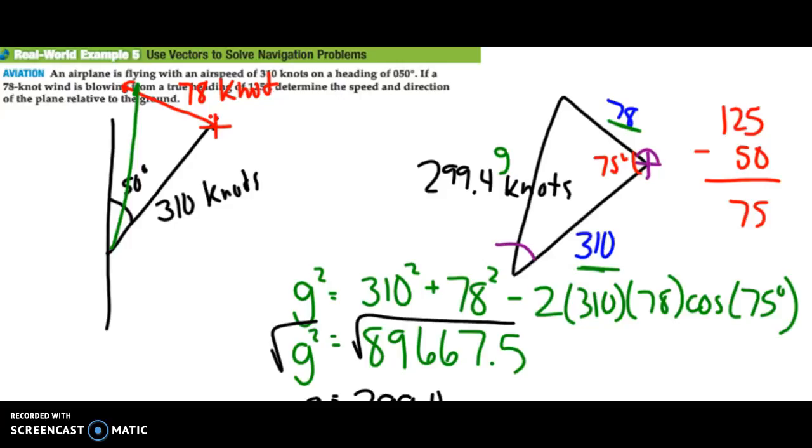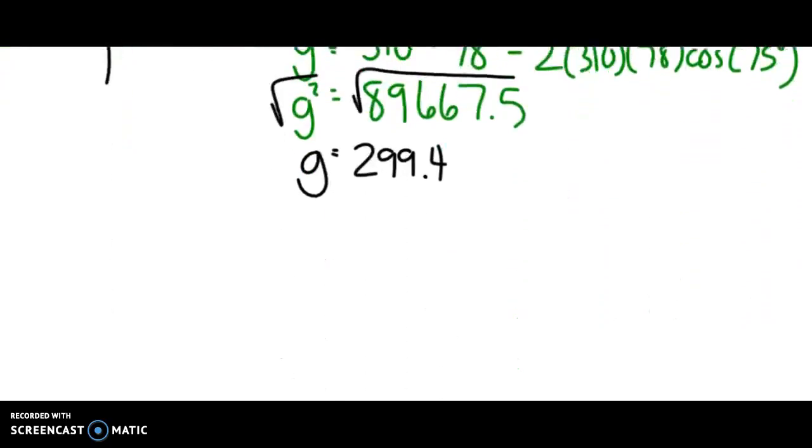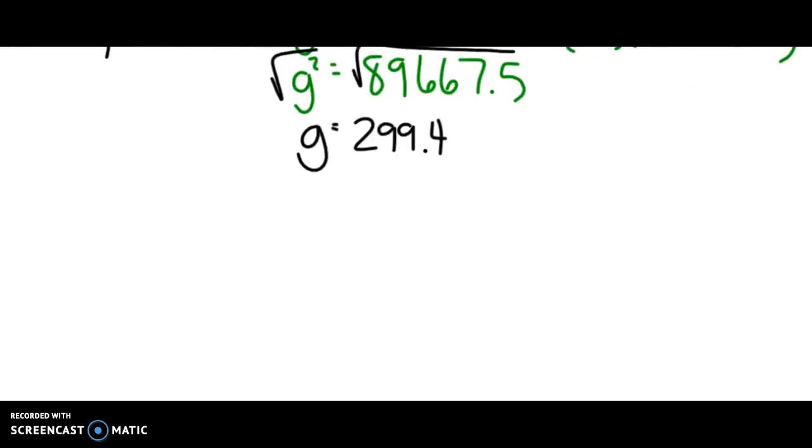Then I need to figure out this angle right here. Now how can I figure it out? Well, this angle is across from side 78, and this angle right here is across from the side that's 299.4. One of our laws helped us with that, and that was the law of sines.